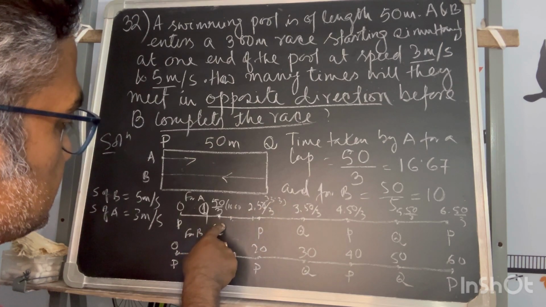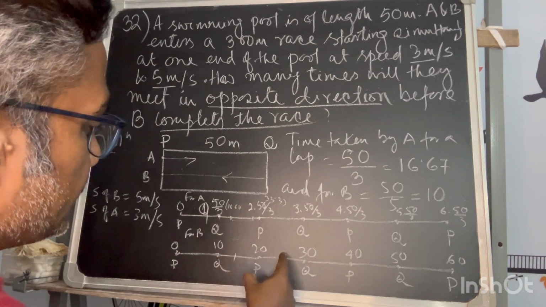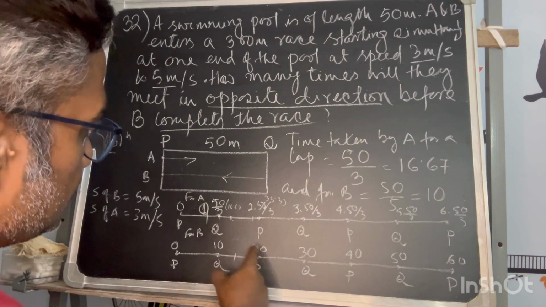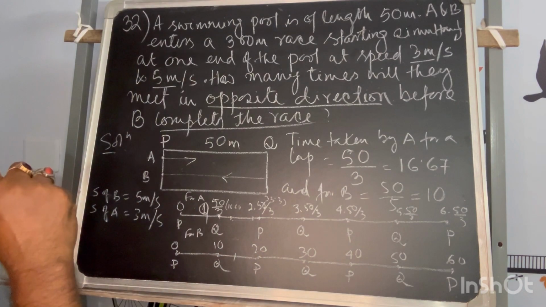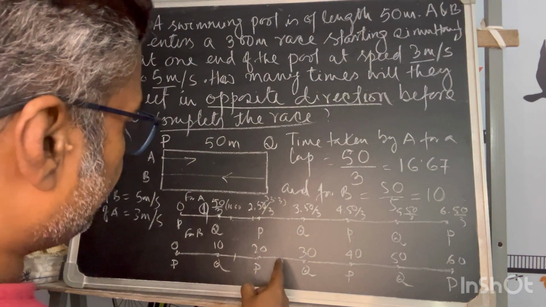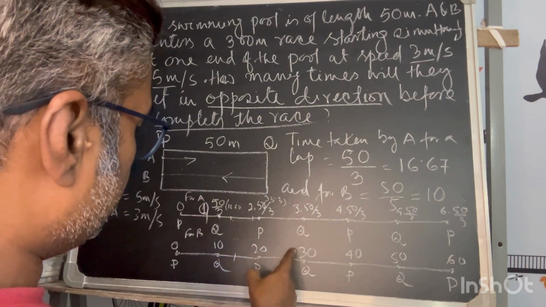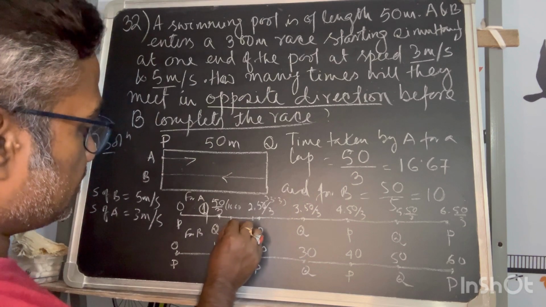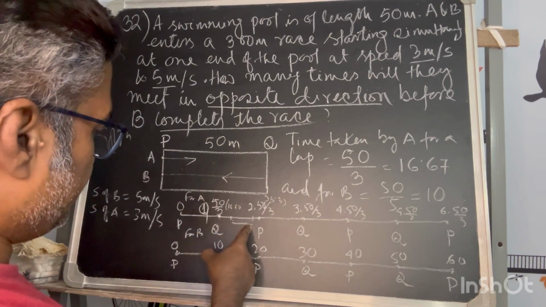So where is it, Q to P? Otherwise, between 20 and 30, he is P to Q, he is Q to P, he is P to Q. So is there any chance of a meeting? From 20 to 30, with that position, A will be here, Q to P.